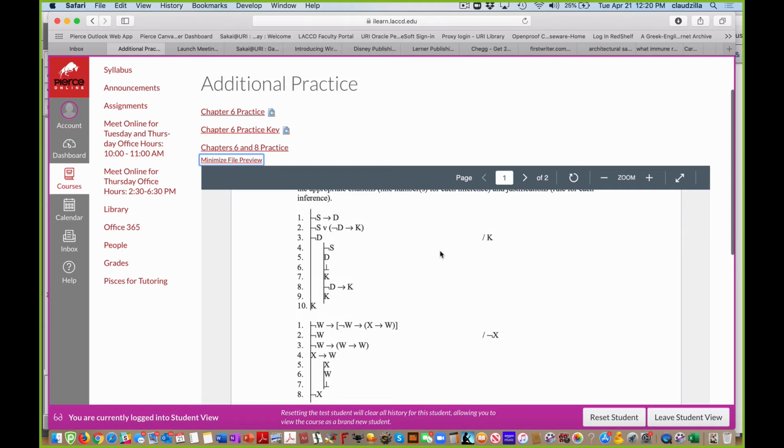Okay, yeah, and I apologize, because I think way back when I first made up these exercises, there was limited functionality, or maybe I just ran out of time, I don't know. I gave you the vertical lines, but I didn't give you, for example, the Fitch bar.